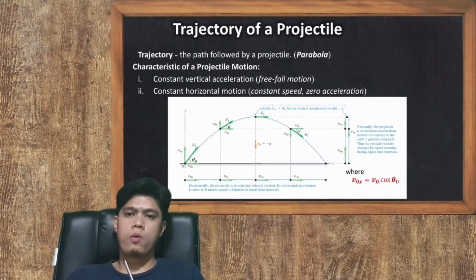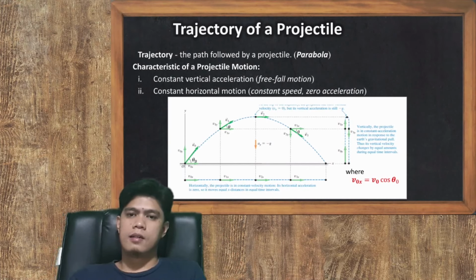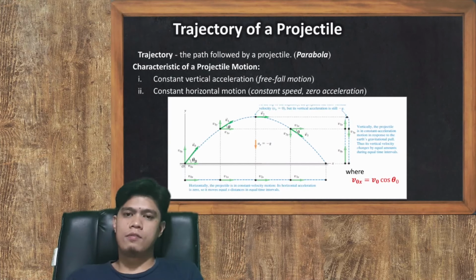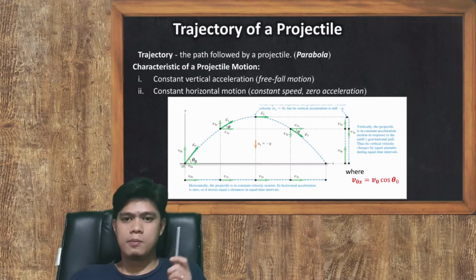Again, depending on where you measure the angle, if you measure the angle from the y-axis, then v naught x is equal to v naught sine theta, and v naught y is equal to v naught cosine theta. Again, depending on the quadrant, they could be positive or negative. So that's why you need to review vectors.